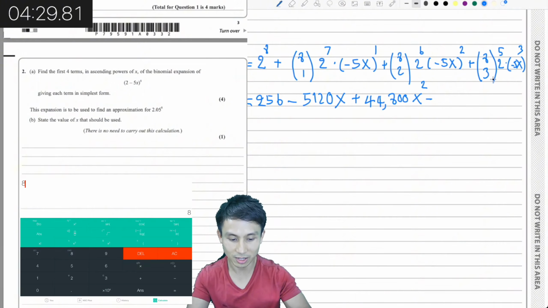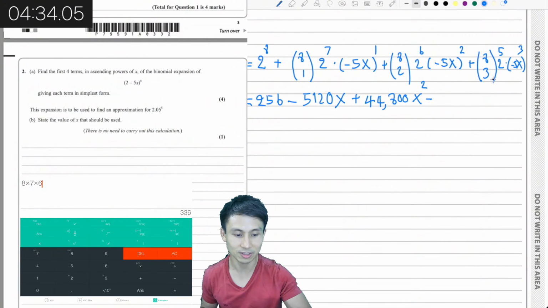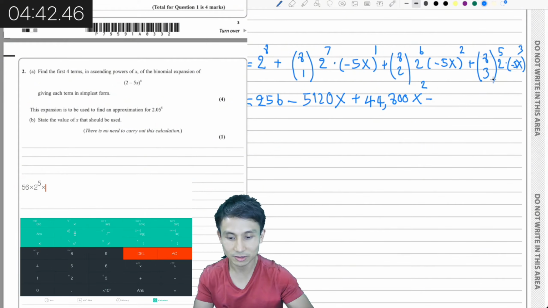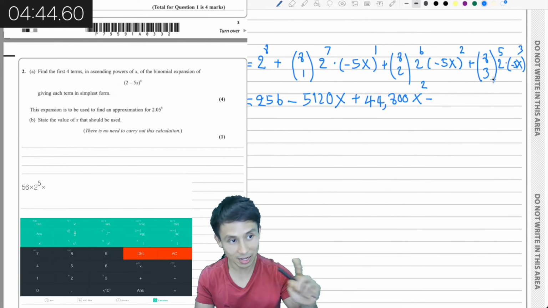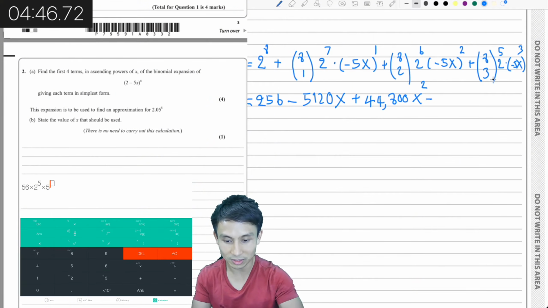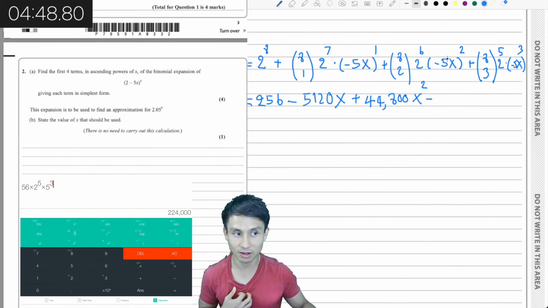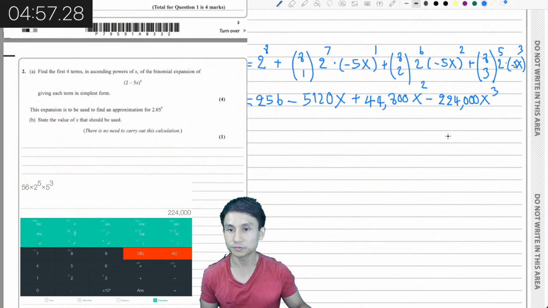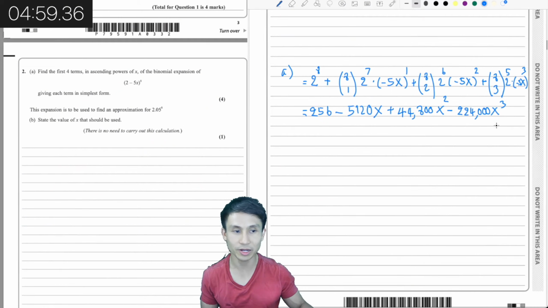Let me try that. 8 times 7 times 6 divided by 6. Yeah, 56. So that's 56 times 2 to the 5 times 5 to the 3, but note that there is a negative sign. So yeah, that's very large. x to the 3, and that's done, I think. Simplest form already. So that's done.